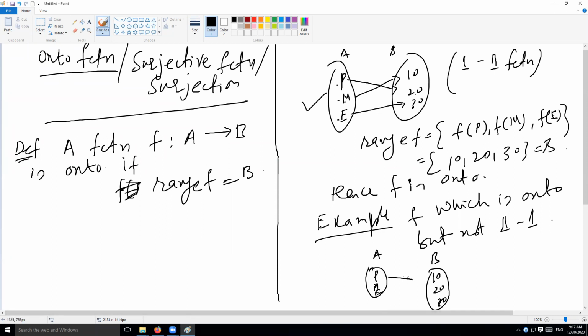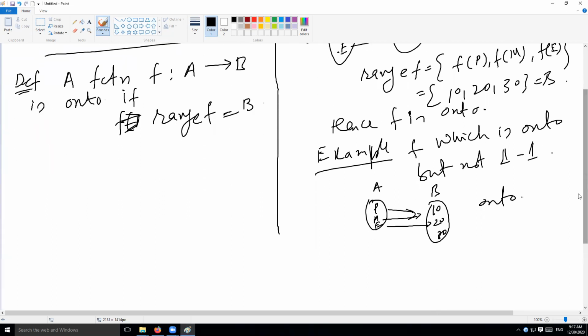If I say that P is mapped onto 10 and M is also mapped onto 10 and E is mapped onto 20, then you're going to say that this is not an onto function. This is not even an onto function. So you can treat this example as one which is neither one-to-one nor onto.